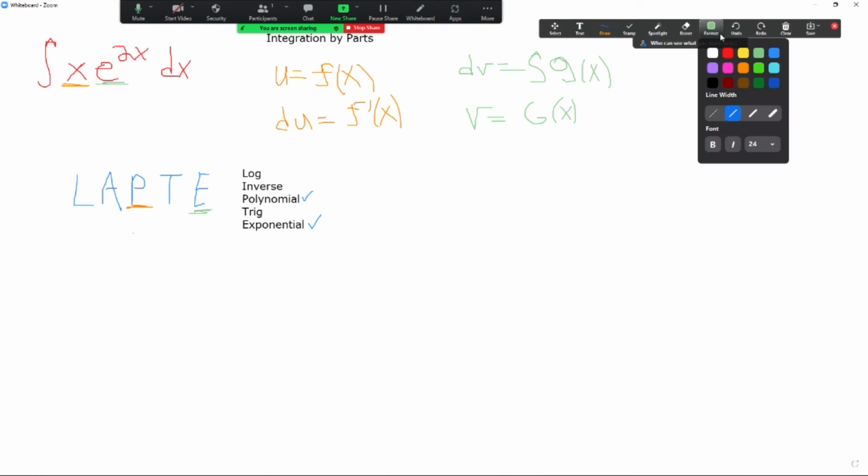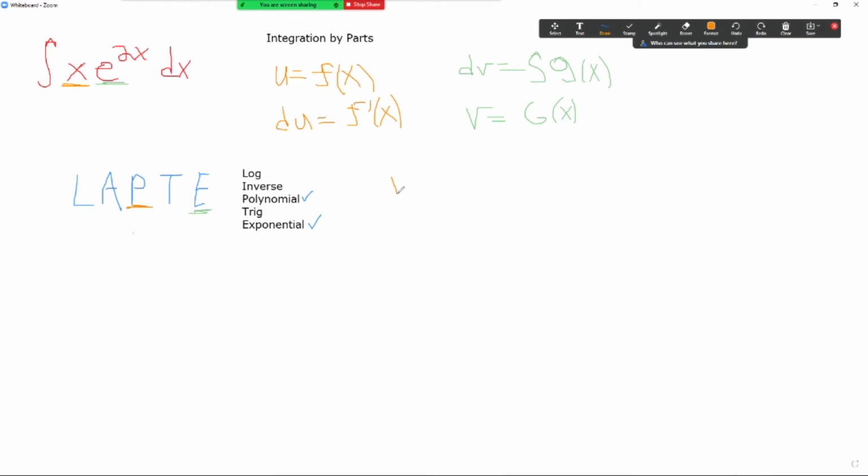So in general, my f of x in this case, whatever we're saying, let u be, we're saying let u equal x. That's how you determine when you're dealing with polynomials and exponentials and trig. It's a little method you can use.